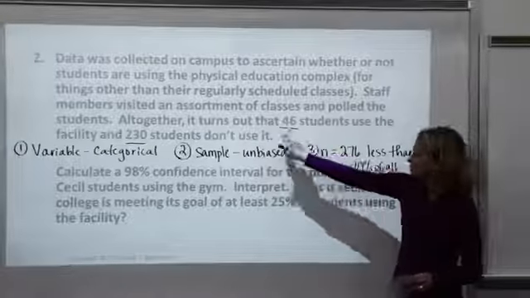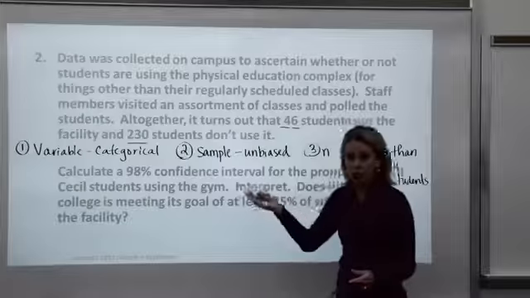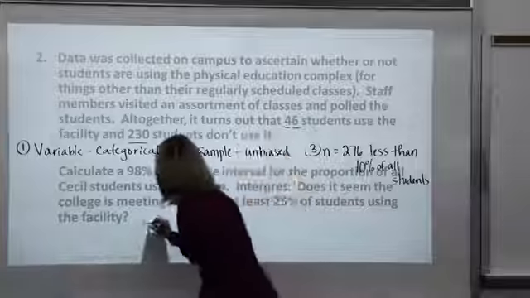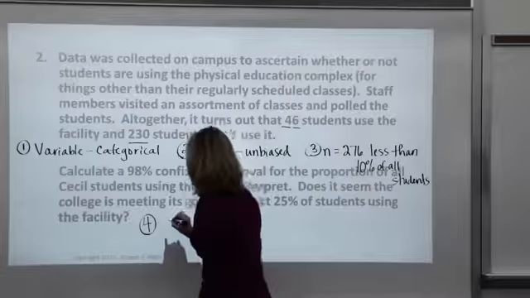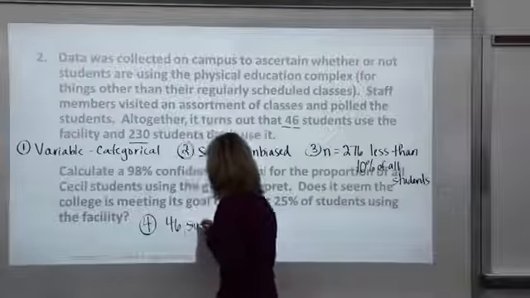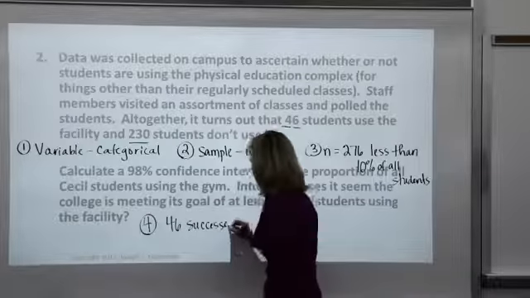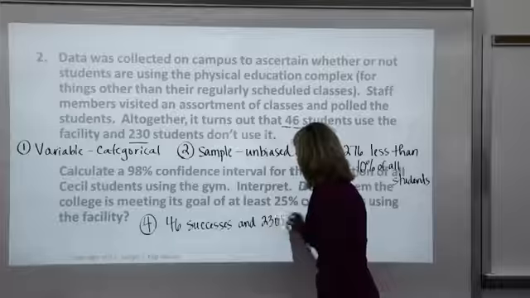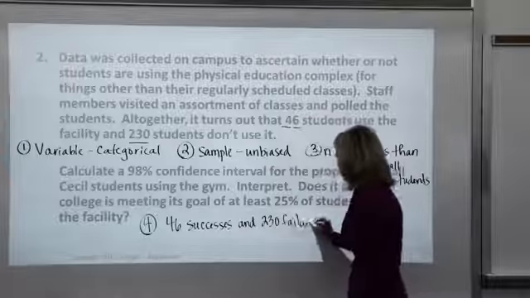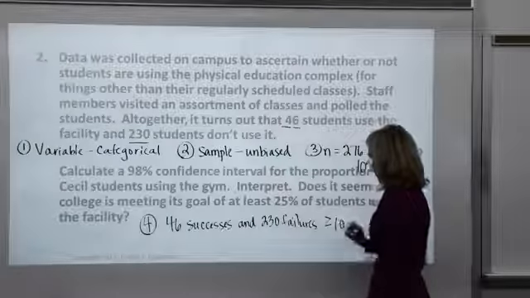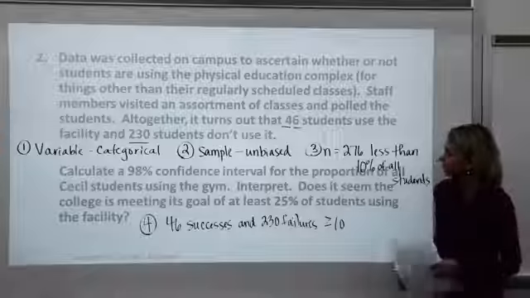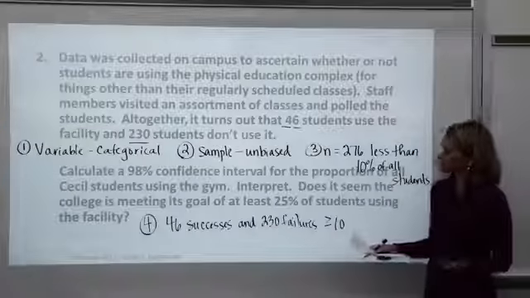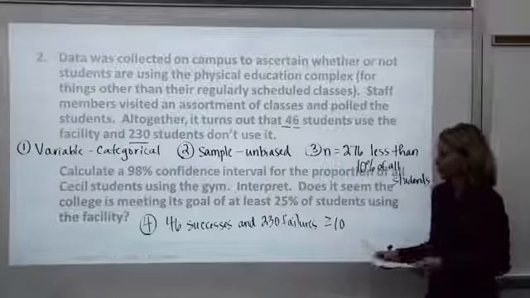We've got 46 students that use it, 230 that don't, so we do have at least 10 successes, 10 failures. 46, we'll say, are the successes, and 230 failures. Both of these are at least 10. So our assumptions are met, so we can go ahead and calculate the confidence interval.